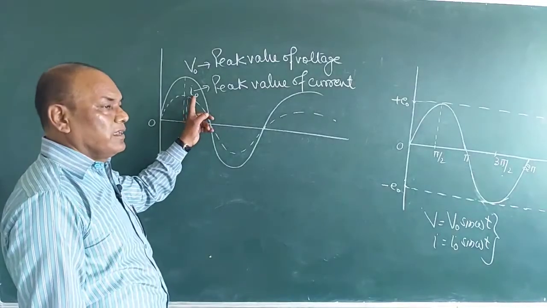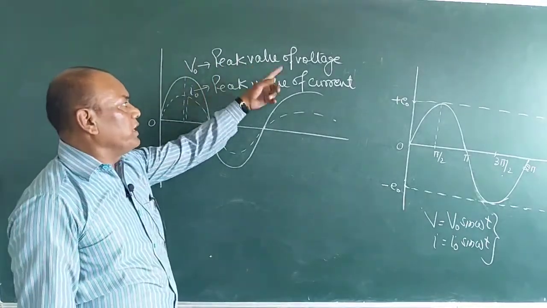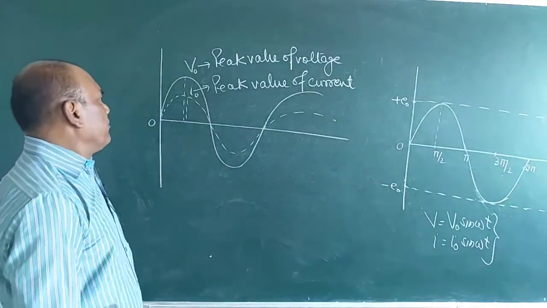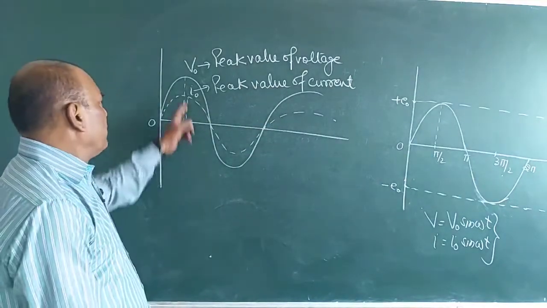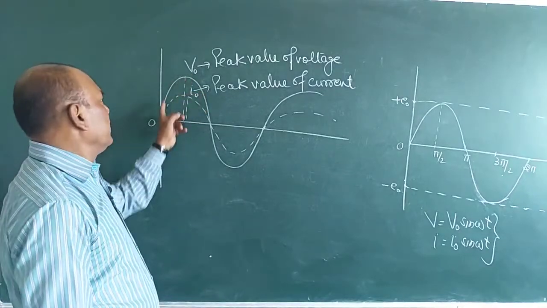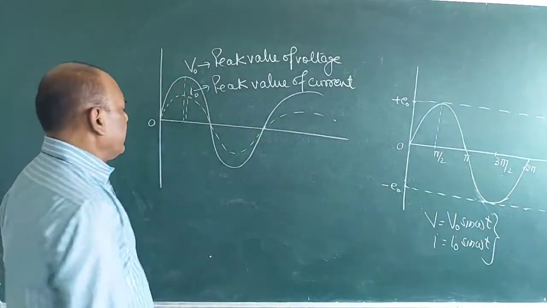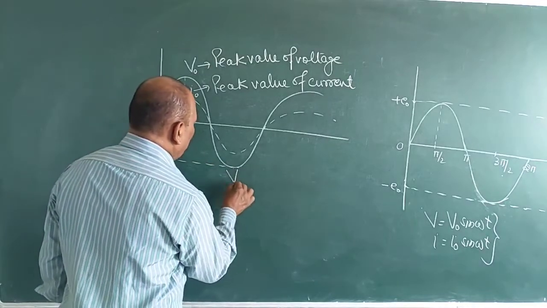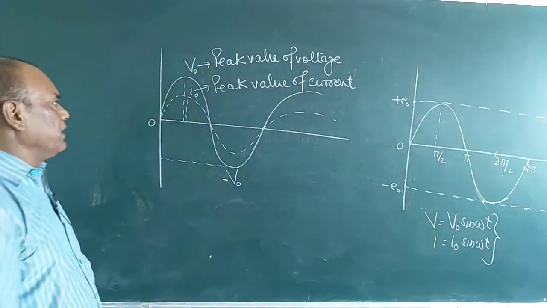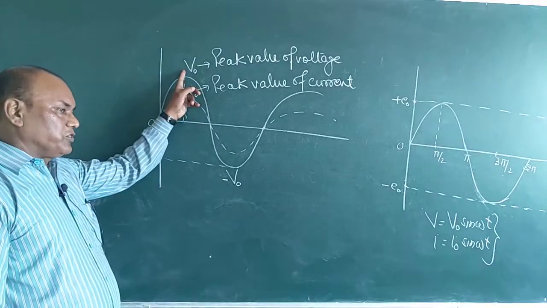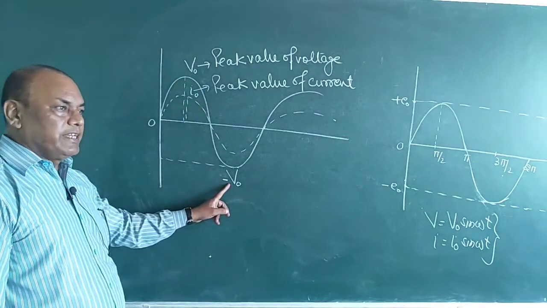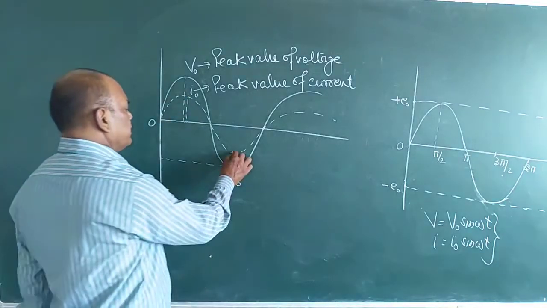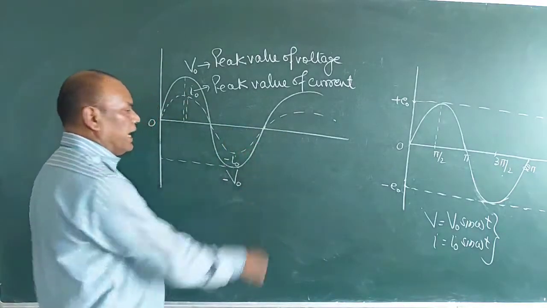So we can say that the peak value of voltage and peak value of current is the maximum value of voltage in the positive direction, and here it will be the maximum value of voltage in the negative direction. So it is denoted as plus V0 and this becomes minus V0. Similarly, it will be plus I0 and this will be minus I0.